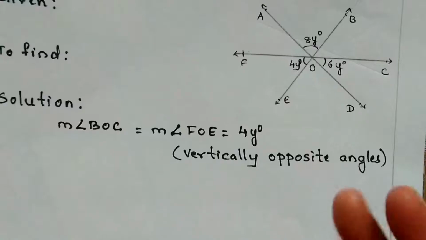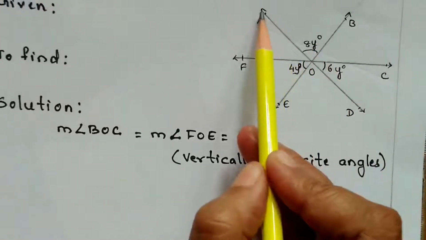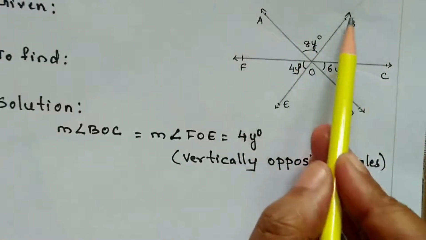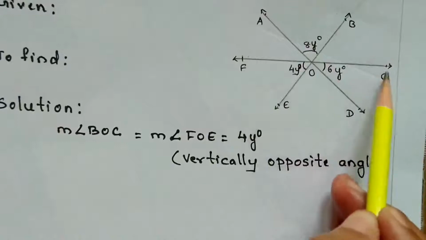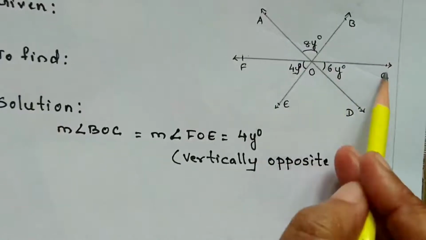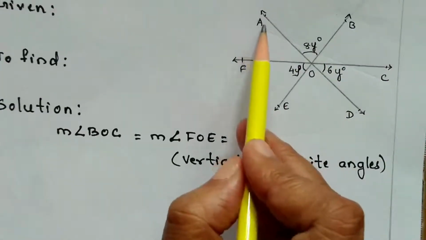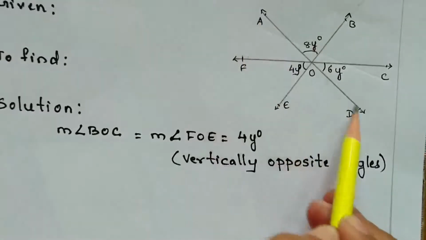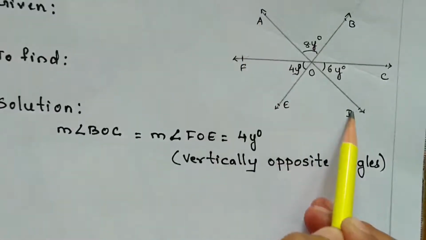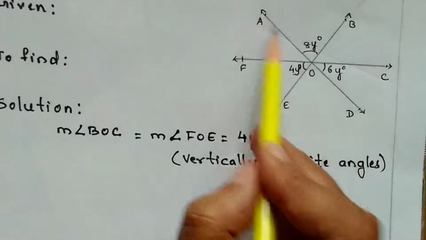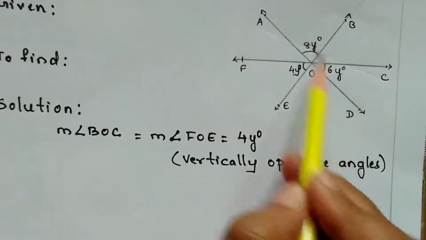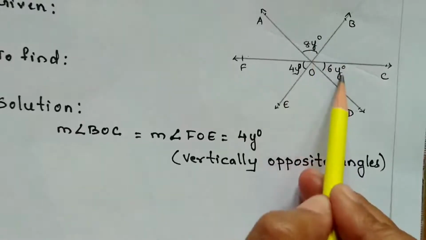Now, in this figure, angle AOB, angle BOC, angle DOC is together making angle AOD, which is a straight angle. So you can write angle AOD as the sum of these 3 angles.